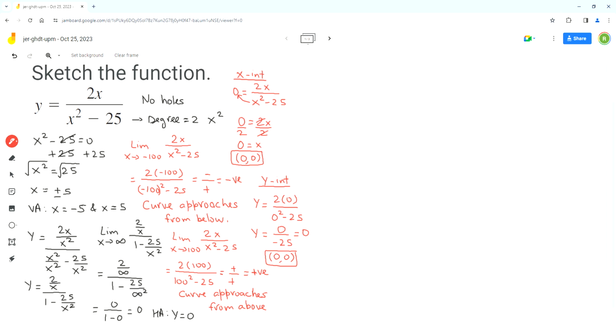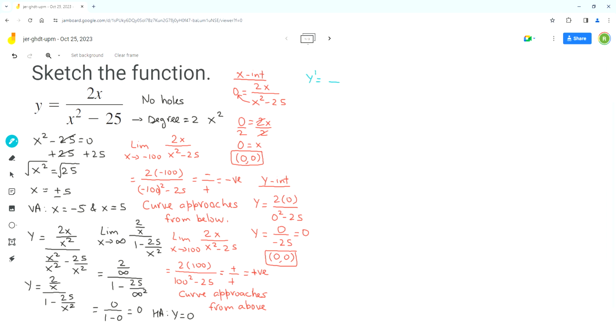Now we can do the analysis for critical points, and for that we'll have to find the derivative of the given function. Now this function is a rational function, it's in the form of a fraction, so we can use quotient rule to find its derivative.